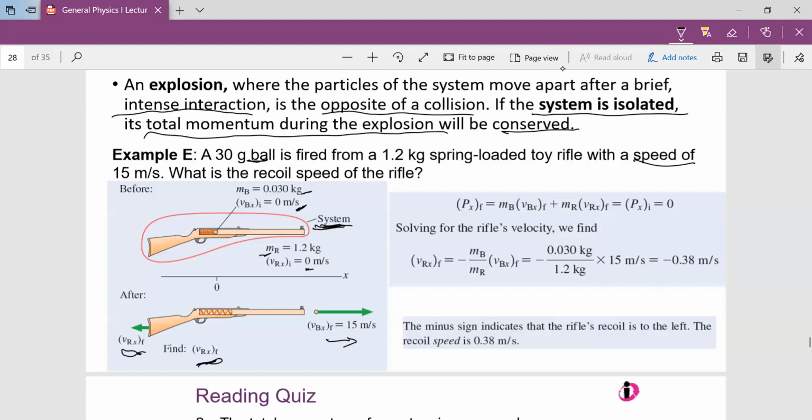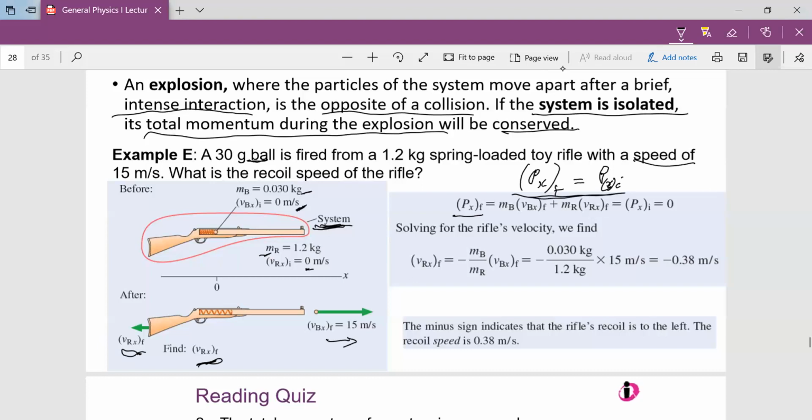So we'll proceed to solve the problem using our understanding of conservation of momentum, which is P final equal to P initial, since it's an isolated system. This is the conservation law.